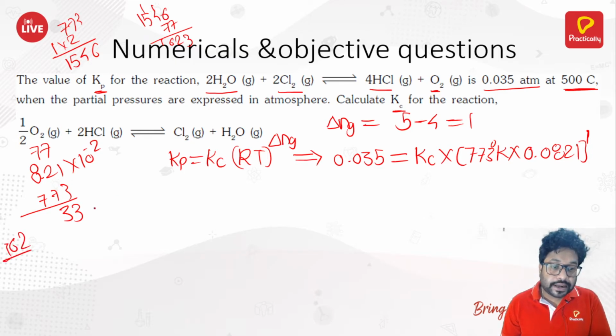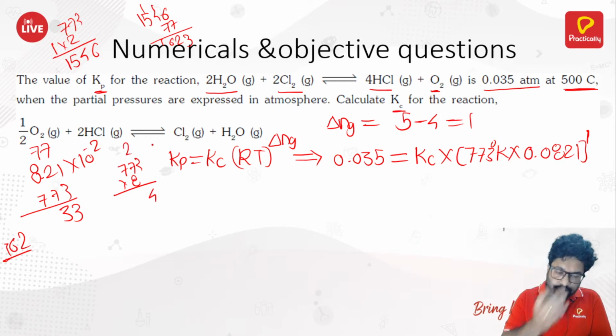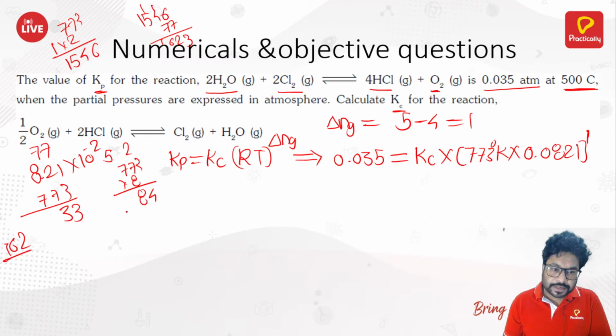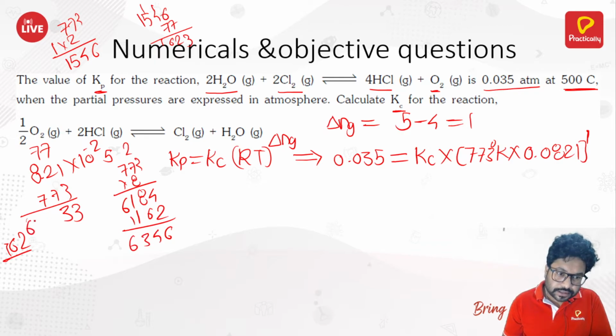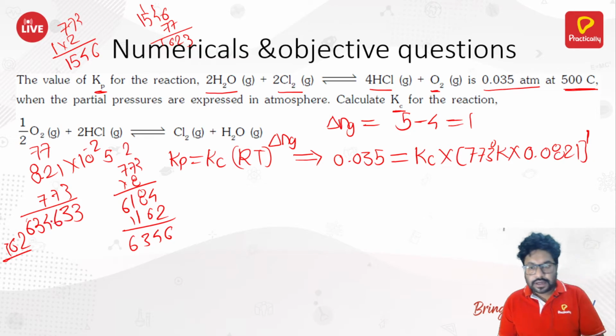Now 773 into 8. That's a very big one. 8 3s are 24, 4, 2. 8 7s are 56 plus 2, 58, 8, 5. 8 7s are 56. 56 plus 5, 61. 6184 plus 162. 4 plus 2, 6. 8 plus 6, 14. 4, 1, 3. 6 3 4 6. 6 3 4 6. Now decimal point.